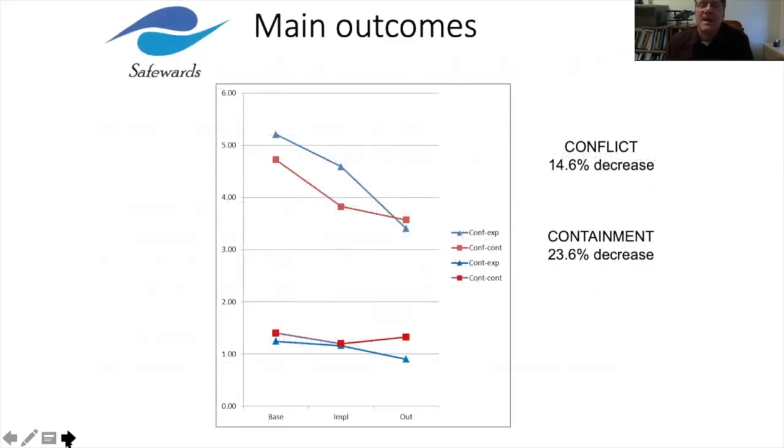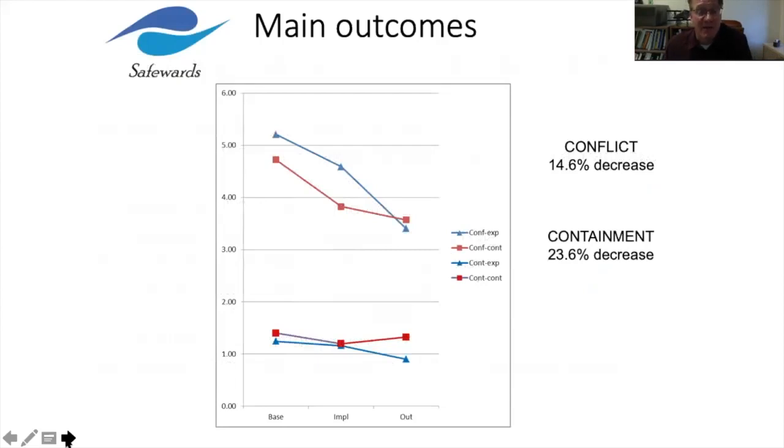So this is a little hard to interpret, but the blue line represents the experimental condition, and this is over a large number of hospitals in England that participated in the Safewards trial. And essentially conflict was reduced almost 15% in the experimental hospitals who were using Safewards.